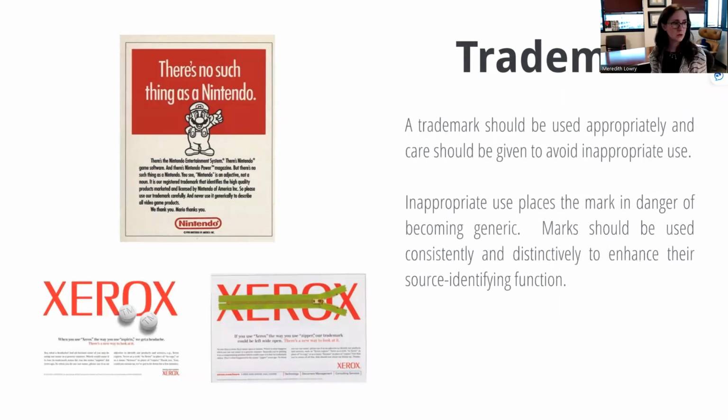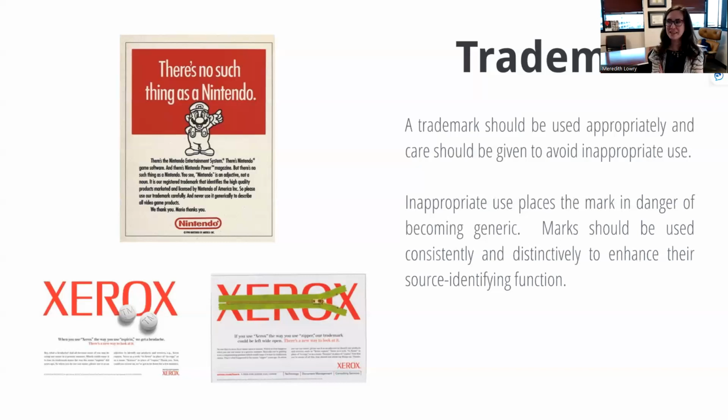So, like I mentioned with Google, Google is running a risk of becoming known for almost substituting itself for what it's doing. That's the same thing as with Xerox. Xerox and Nintendo both ran ad campaigns to counteract their trademarks becoming generic. We call it genericide. The students love it when I use this term.